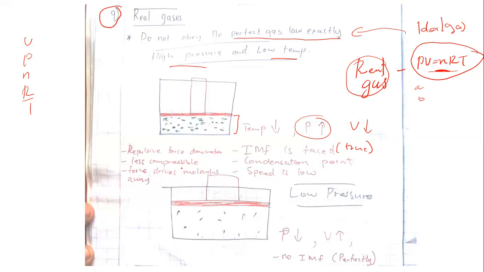So that means we have less force driving molecules away. So now the intermolecular force is at play. That means these gaseous molecules are close to one another, right? And therefore, we call this the condensation point. When you talk about the condensation point, we say normally it's liquefaction. We say these gaseous molecules will start to liquefy.